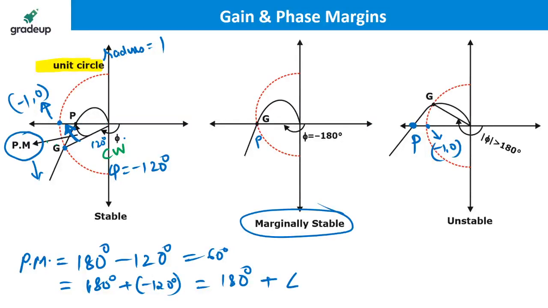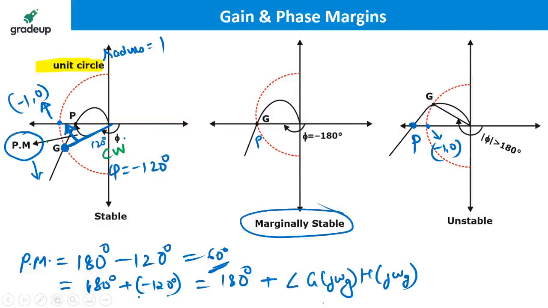Here the phase was minus 120, but whatever may be the phase of G(jω)H(jω), at what frequency? At ω_g. First calculate the phase at ω_g. Join this with respect to the origin. You do not have to do it graphically; you will solve the question by formula. Calculate the phase here. The phase will be negative because I'm measuring clockwise, and 180 plus this negative quantity gives me a positive answer.